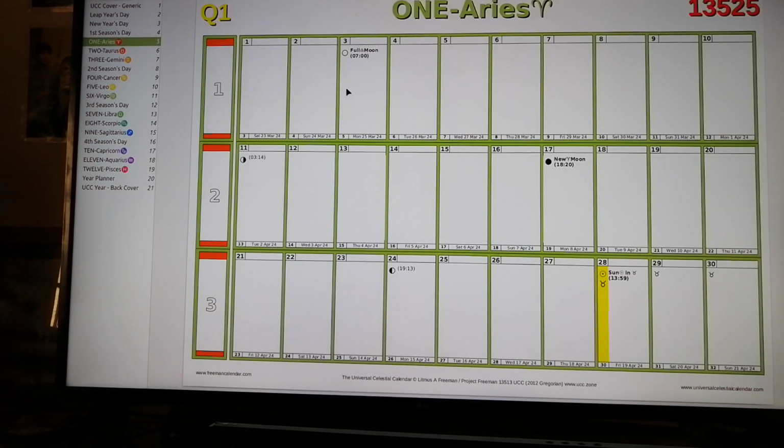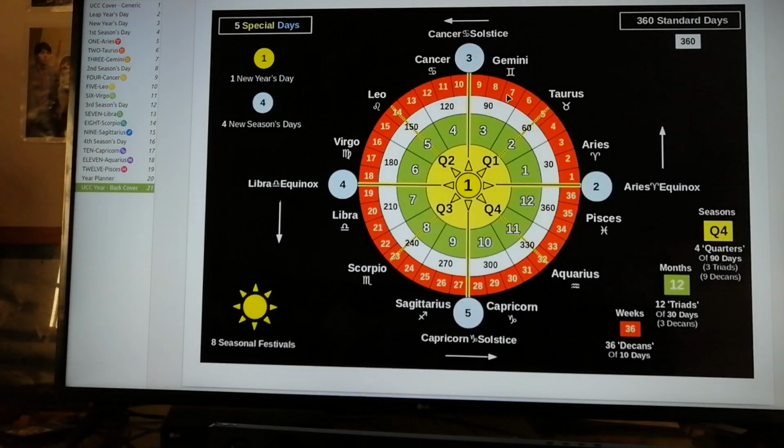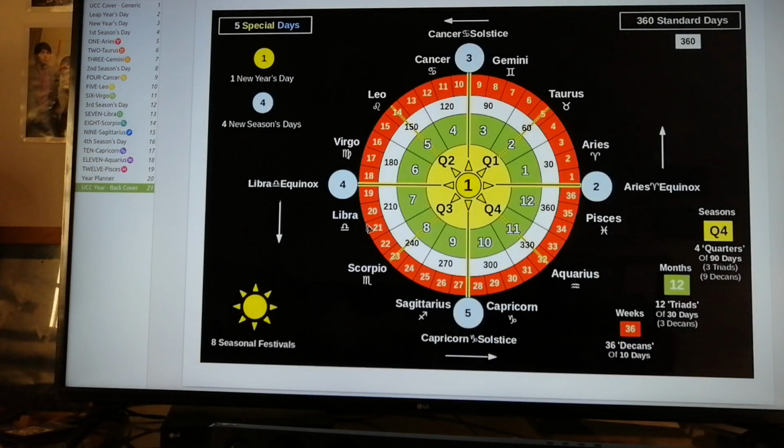And also the ancient Egyptians realized that in the year cycle they would get a different group of stars rising every 10 days, and that's why they divided the year into 36 decans of 10, because every 10 days a new group of stars would rise in the evening in the eastern horizon.